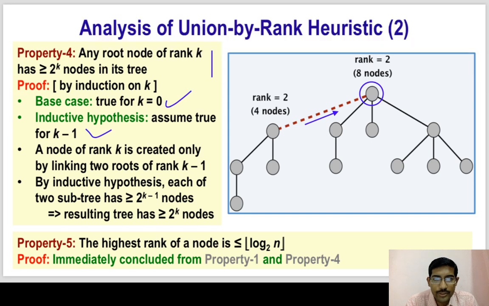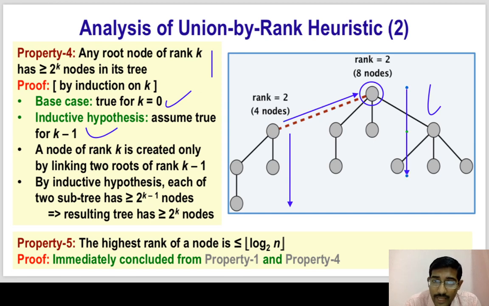Let us assume that it is true for k minus 1. Now let us try to see how this union by rank algorithm works. If this height is less than this height, then only we perform this kind of link. So this link is then only made. If this height is equal to the height here, then also we will make this link, because ties are broken arbitrarily, and the rank of this node is increased by 1.